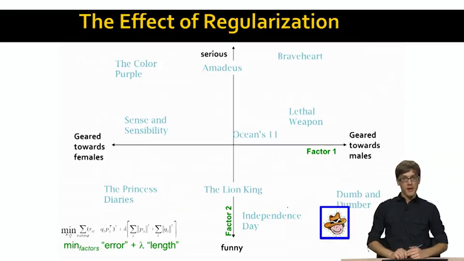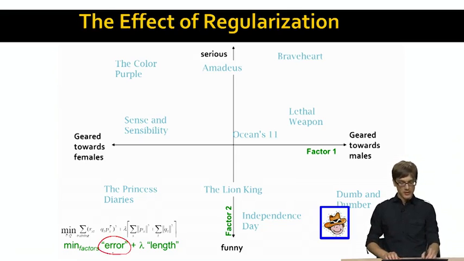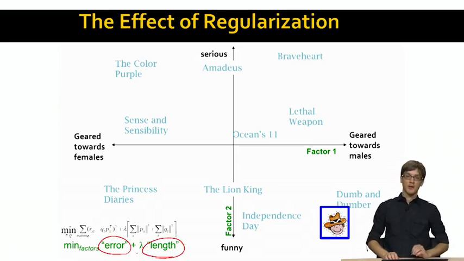So now let me give you some intuition about what this length part is doing to our optimization problem. The way to think about our objective function is that it has two parts to it, right? There is the error part, and then there is this length part, okay? And think of it the following way. Think that I have a user. For this user, we want to make accurate predictions using the ratings that the user has already made, right?